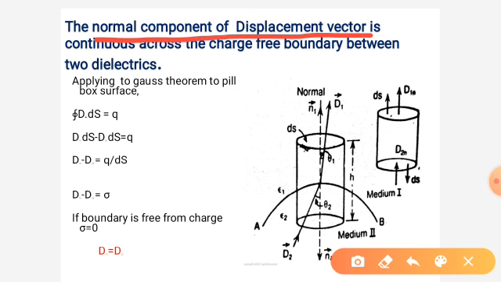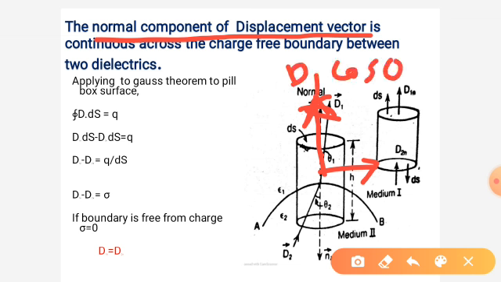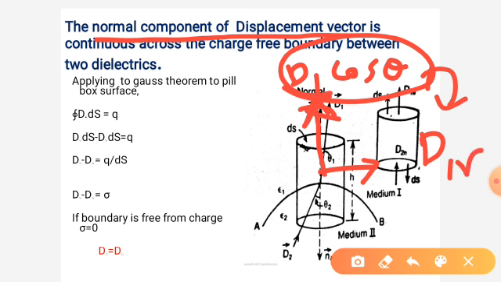Here we have D1, with two components: D1 sin theta 1 and D1 cos theta 1. We have to take the normal component, so it is D1 cos theta 1, which we represent as D1n. Here also D2 cos theta 2 is the normal component.